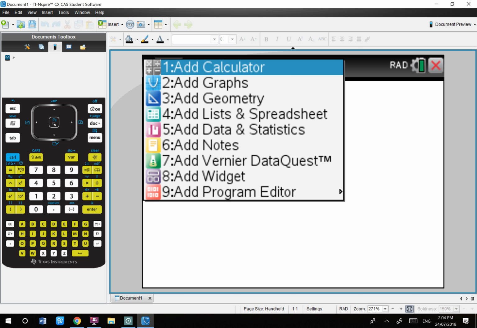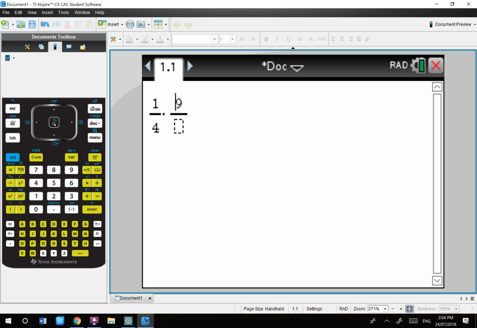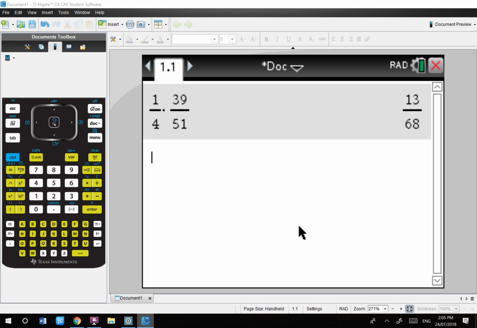And the other ones I can do by calculator. 1 on 4 times 39 over 51. And that's 13 on 68.